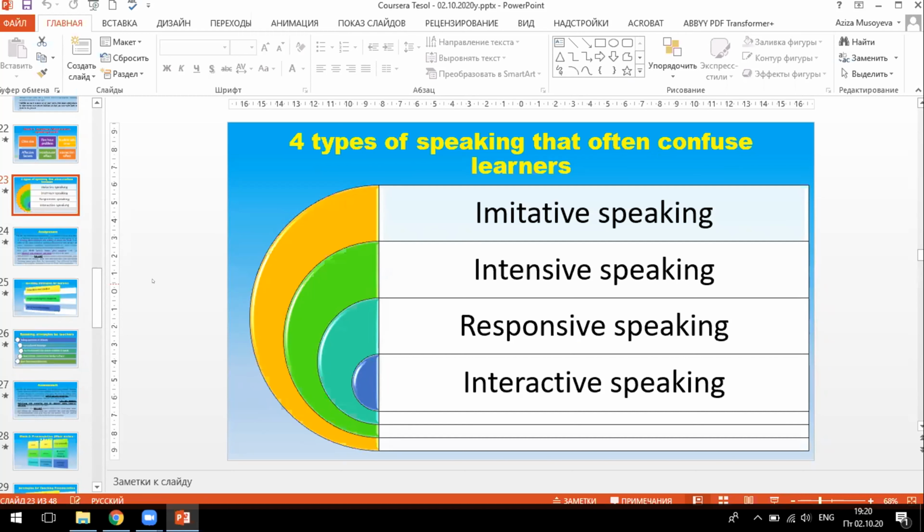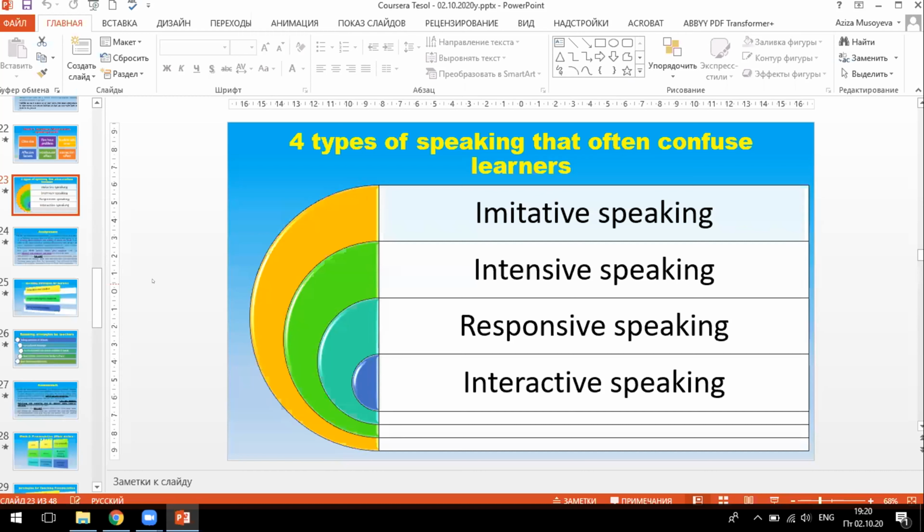And intensive speaking means speakers are required to produce short segments of language that demonstrate grammatical, lexical, and phonological accuracy. So you pay attention to all these accuracies while, for example, your students are speaking.